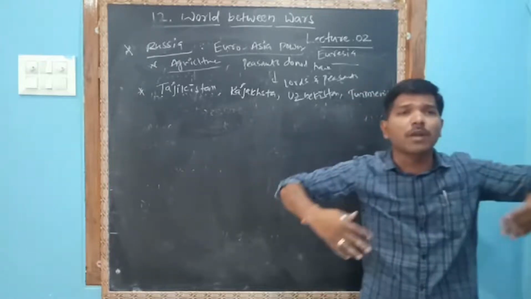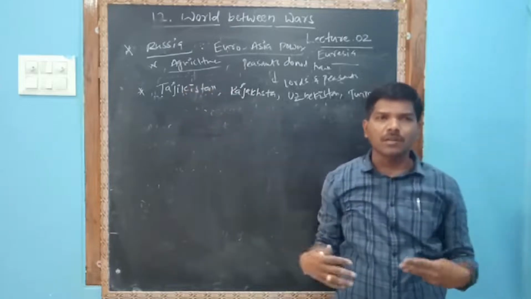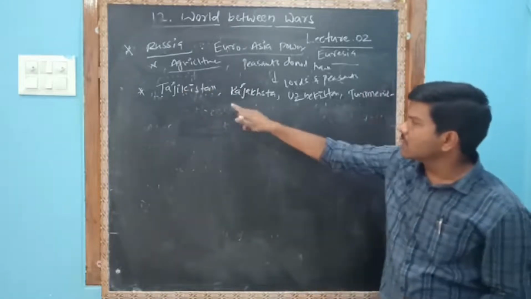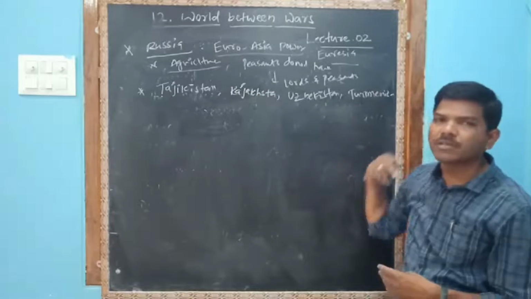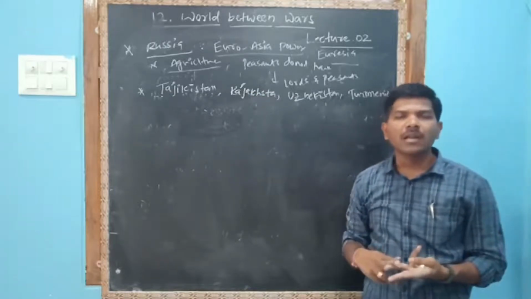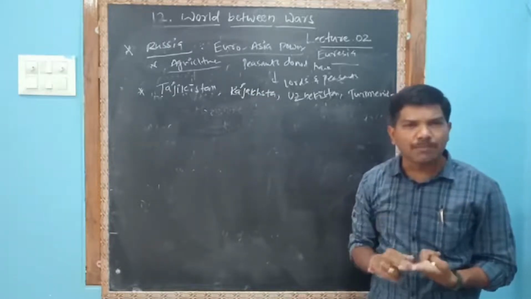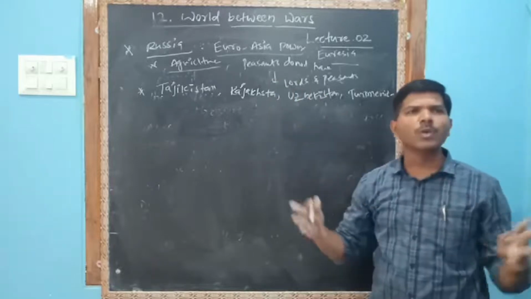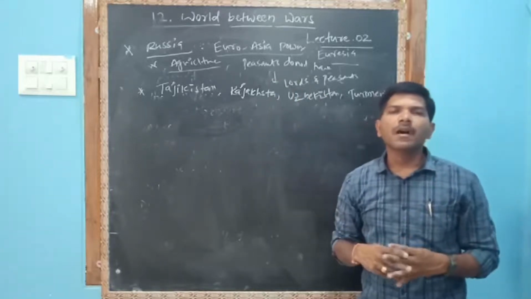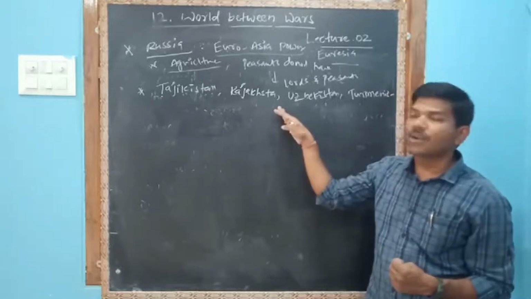Russia was a very big country, and it was the third largest populated country at that time.